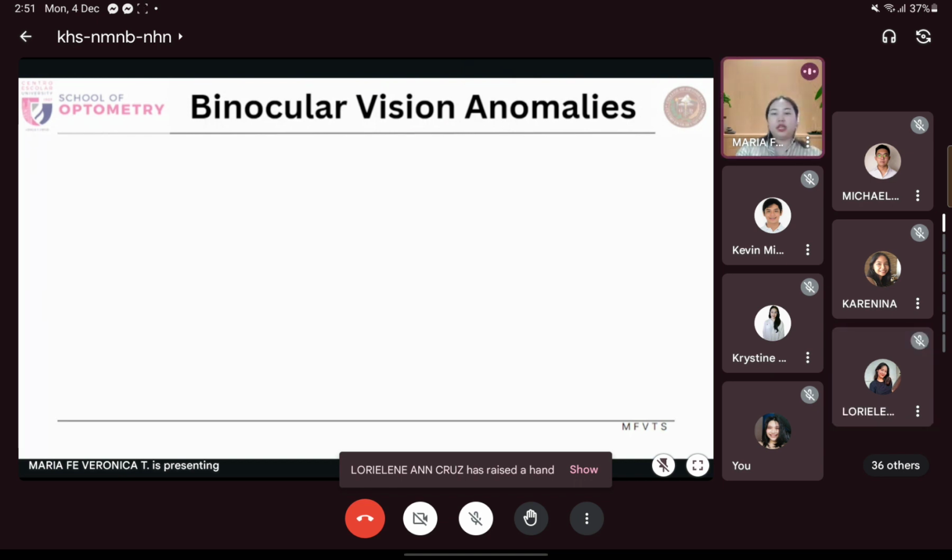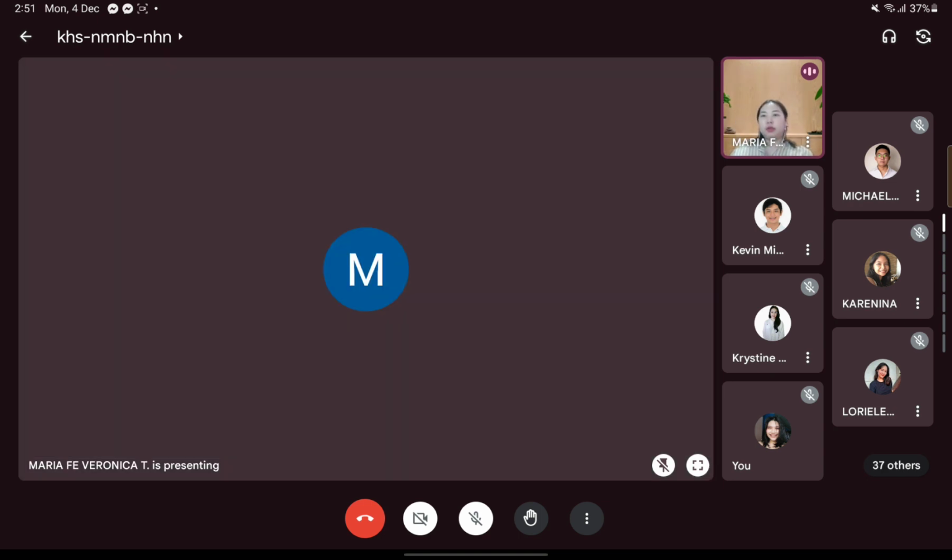Mm-mm. Okay. So, usually those are the very common na agad naiisip, especially on a clinical standpoint. For example, I am an optometrist. Then, bigla-bigla sasabihin ng isa kong colleague or a student or even a patient na parang nagkakaroon ako ng problem with binocular vision anomalies or if I hear binocular vision, those are the first three thoughts lagi.